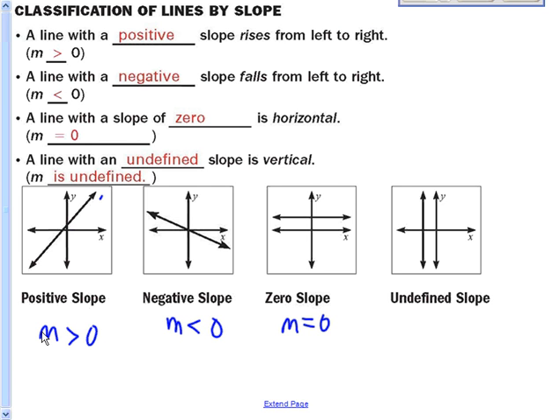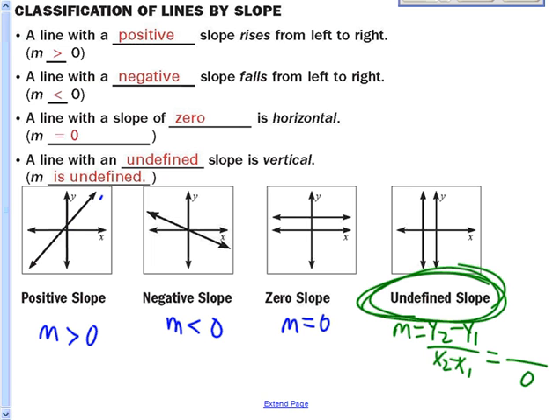And if we have an undefined slope, so when you do y2 minus y1 over x2 minus x1, if you get a 0 on the bottom, your slope is undefined. When you plug those points in, you have a vertical line. It becomes undefined. Call that an undefined slope.